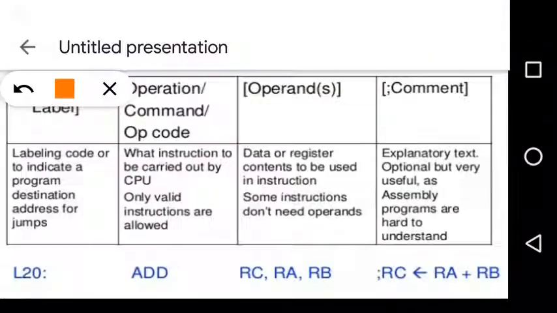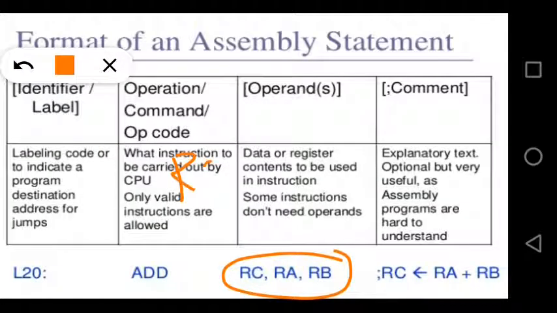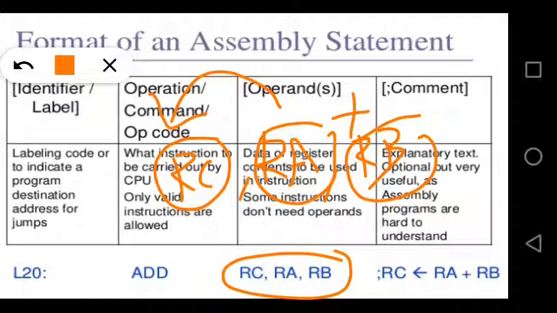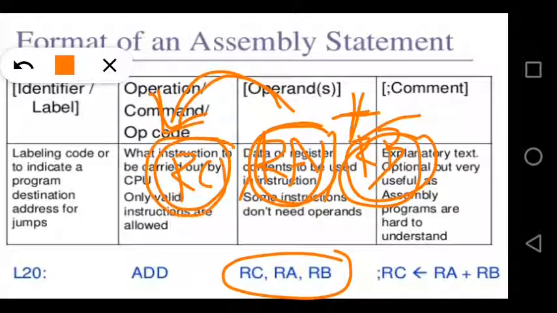The first register, RC, stores the result, and the second and third registers are the operands. So the content of RA and RB is added and stored in RC.